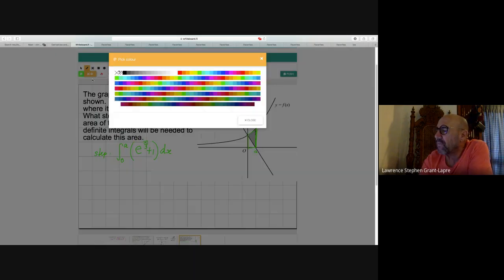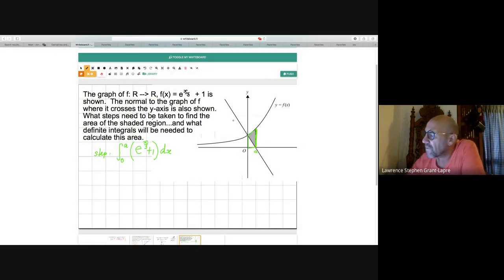Now, we don't want the area all the way to the x-axis, so what we would have to do is get the area underneath that line, and that step we would get from 0 to the value a for that normal function with respect to x.